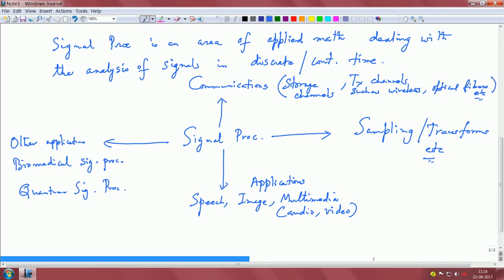There are a lot of applied areas, and of course, I should also mention some important theoretic areas, for example, in signal estimation theory. This itself is an area.